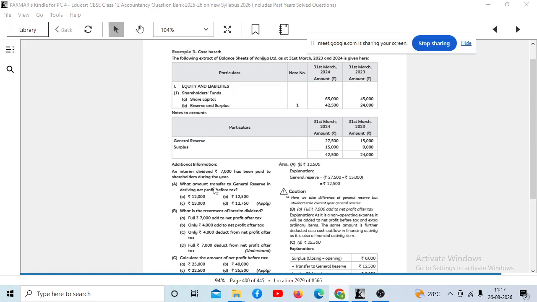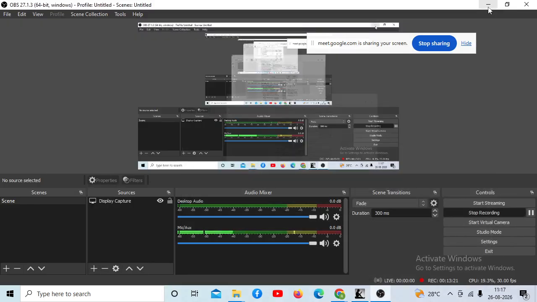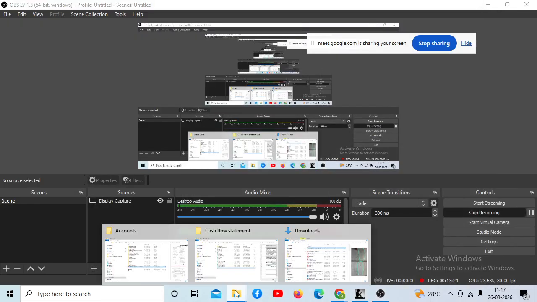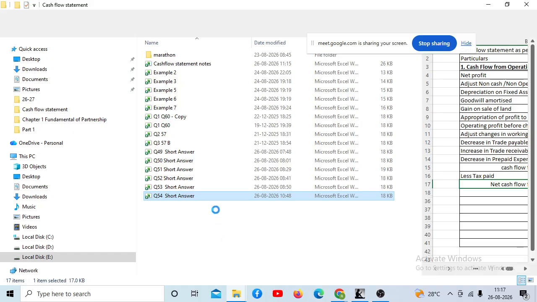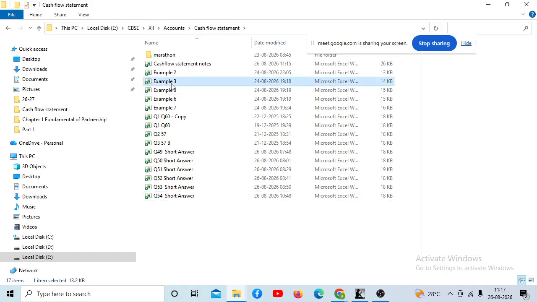Okay, and based on that cash flow statement, we will be answering these questions. So let us prepare the cash flow statement. Example number 3.